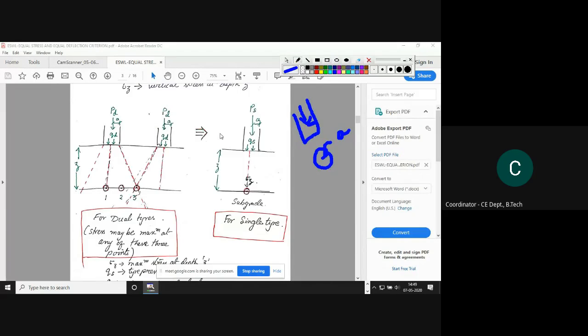Clear? Now this is for the dual wheel combination. We have to convert this into a single wheel. Suppose that is equivalent. The equivalent single wheel of this dual combination is this one. The load applied on it is P suffix S, S is for single, and the tire pressure is Q suffix S, single.